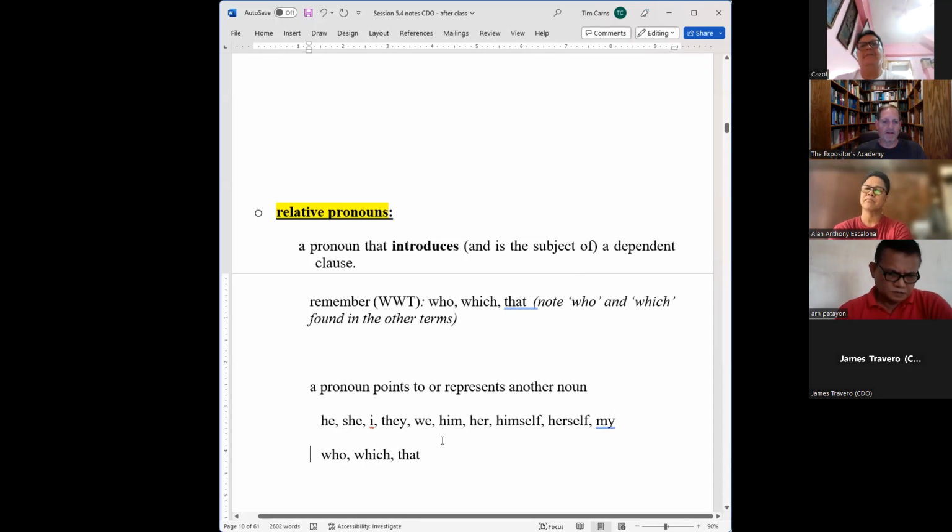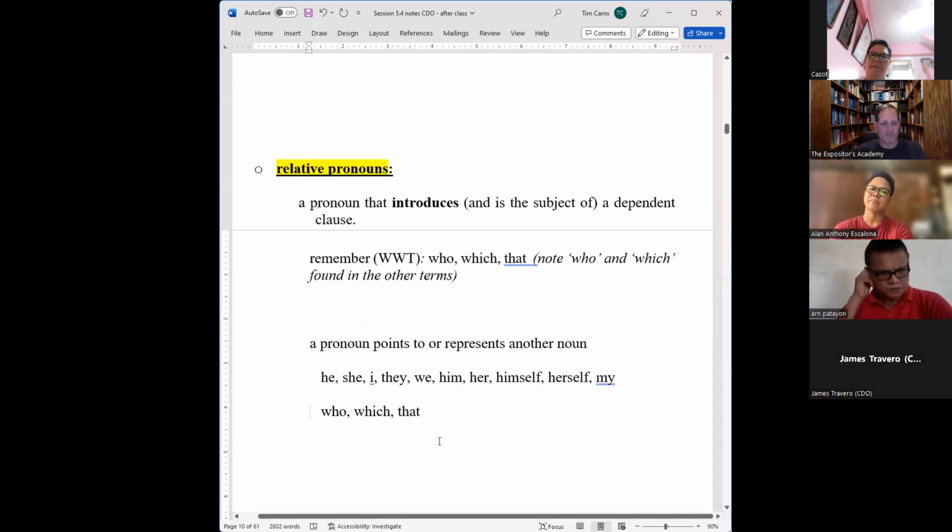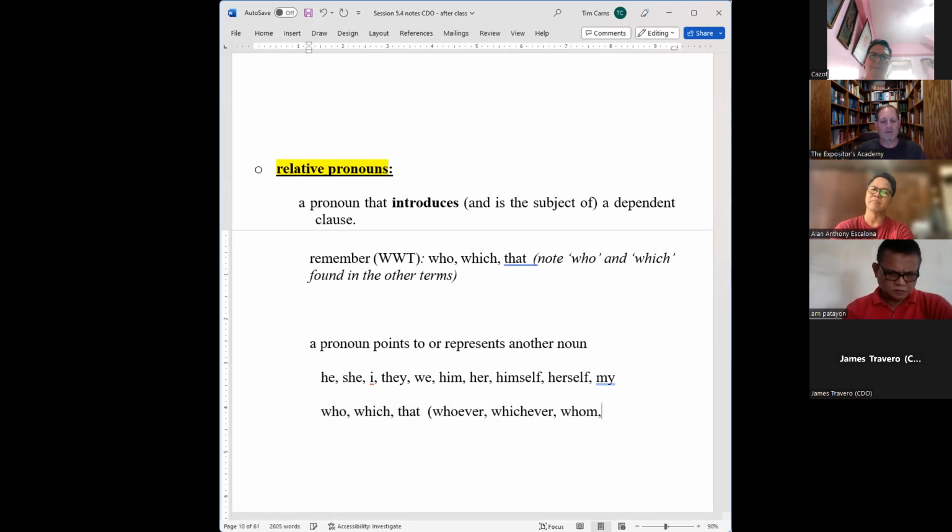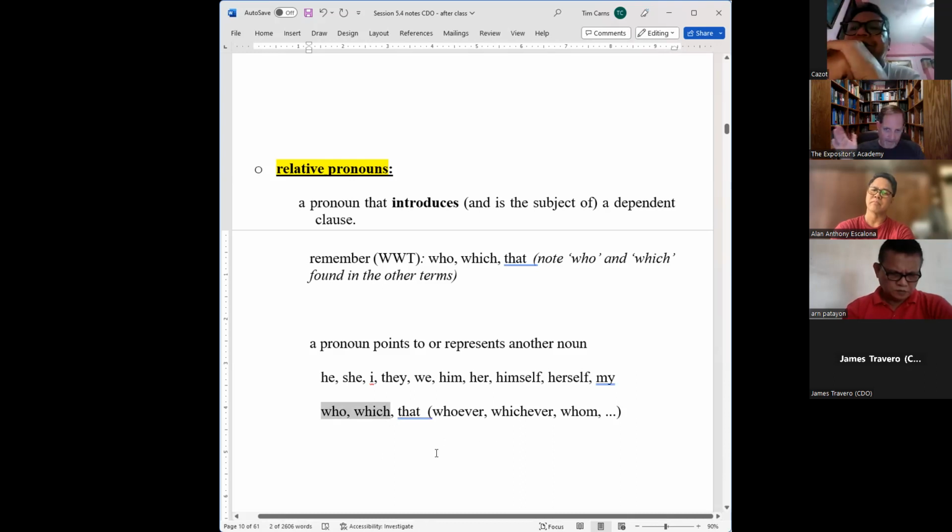And they'll modify another word in the sentence. But usually, like I said, they're who, which, or that, or sometimes you'll have whoever, whichever, whom. So whenever you see who or which, automatically think relative pronoun. Sometimes that can be a relative pronoun.